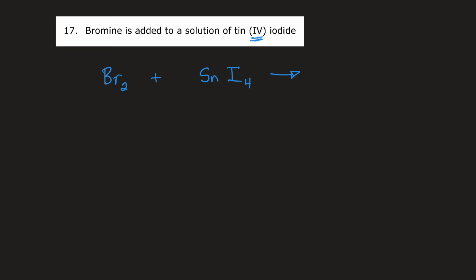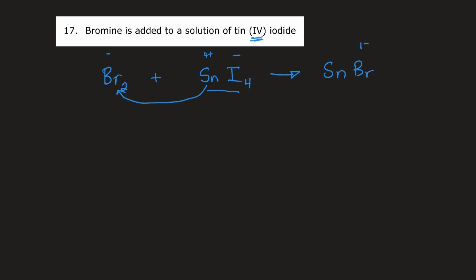Now let's do the single replacement thing. Bromine is a minus, iodine's a minus, tin is a 4 plus. So currently tin is hooked up with the iodine. So if we're going to have a reaction, tin will want to hook up with the bromine. So it'll be a tin and a bromine.